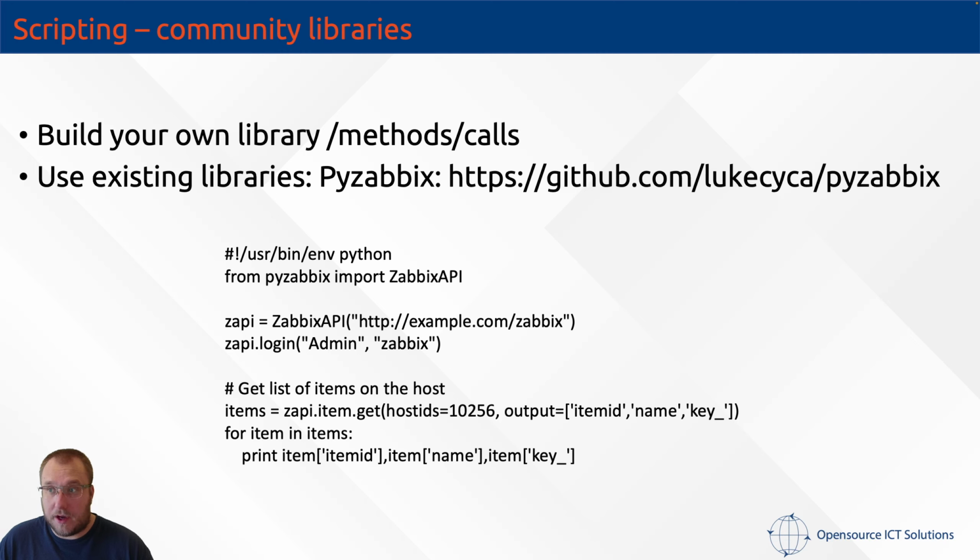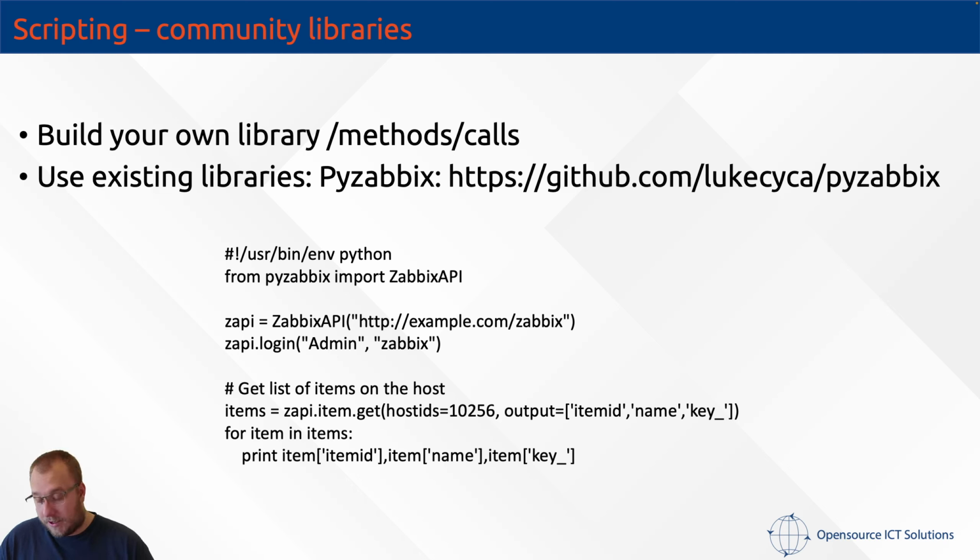I built all my method calls myself, because whenever Zabbix is updating the API, we might need to change those queries. And when we are relying on a community library, then we are relying on someone else to update that library and reflect the changes.